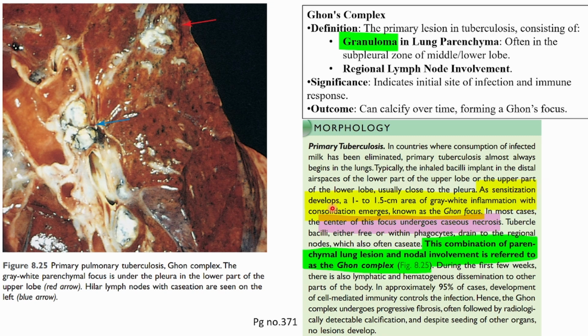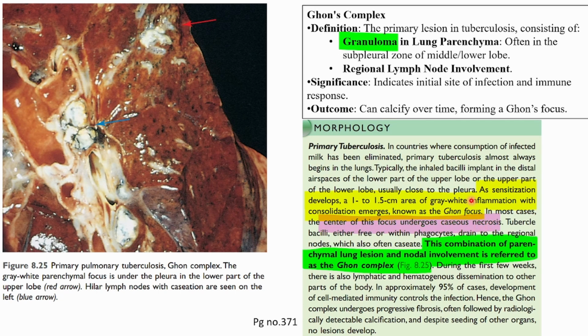As sensitization develops, a 1 to 1.5 centimeter area of gray-white inflammation with consolidation emerges, known as Ghon's focus. So you understand? In most cases, the center of this focus undergoes caseous necrosis. What is caseous necrosis?